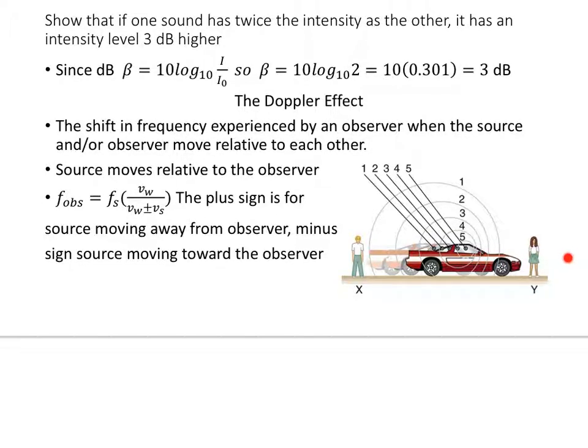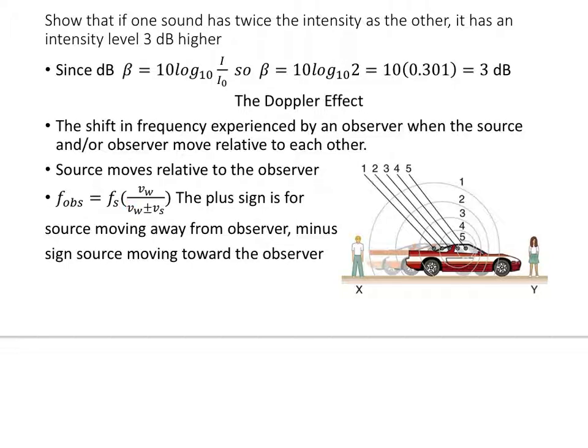Okay, so here's an equation that allows you to compute the frequency perceived by the observer when you know the frequency of the source. This is the velocity of the wave, so it's the velocity of sound, and this is the velocity of the source.